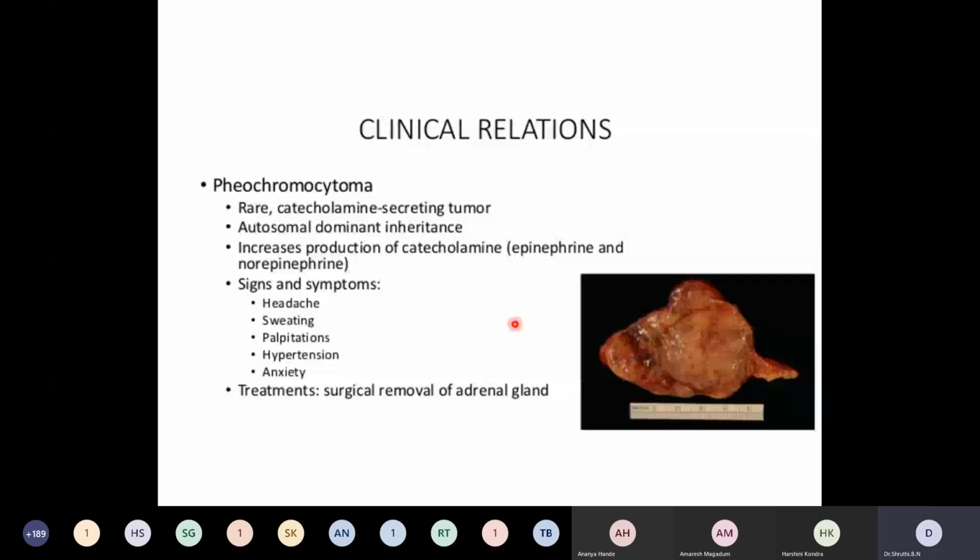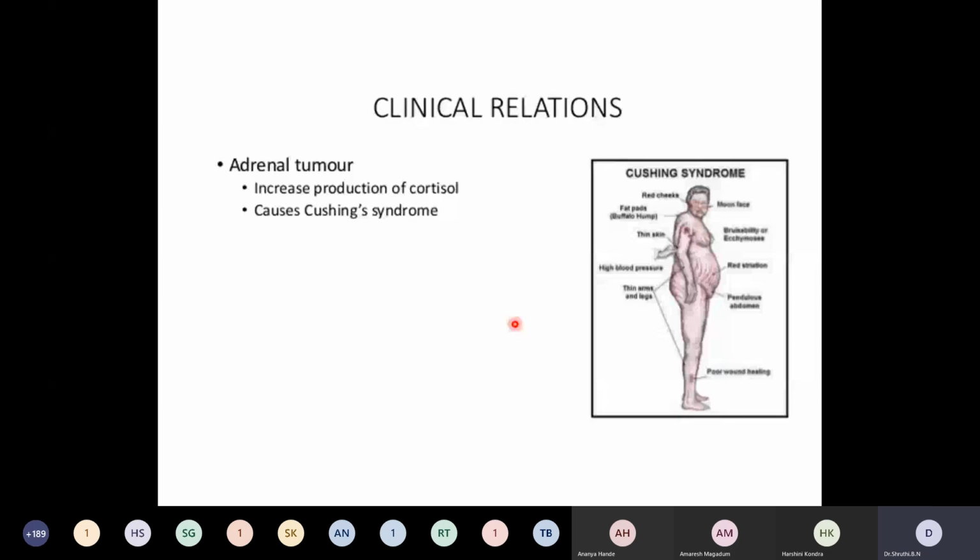Pheochromocytoma is an autosomal dominant disorder presenting with headache, sweating, palpitation, hypertension and anxiety. It is the commonest tumor of the adrenal gland. Increased production of cortisol causes Cushing syndrome.